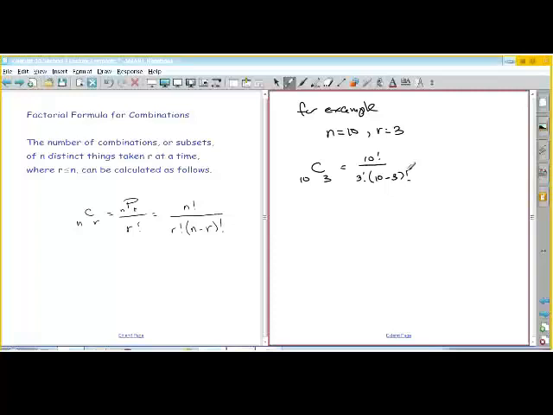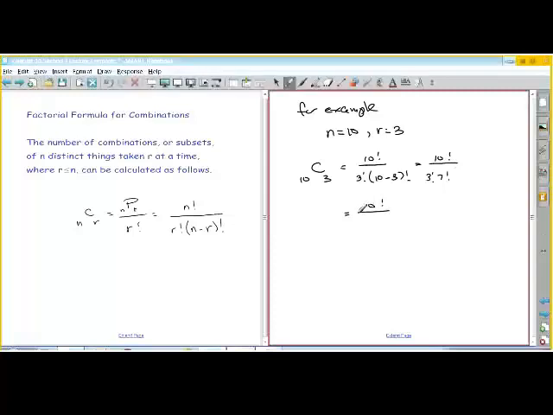And then you have 10 minus 3 quantity factorial. So n is the total number of things you're choosing from. The way we evaluate this is you have 10 factorial, you do the math in the parentheses, and you get 7 factorial.